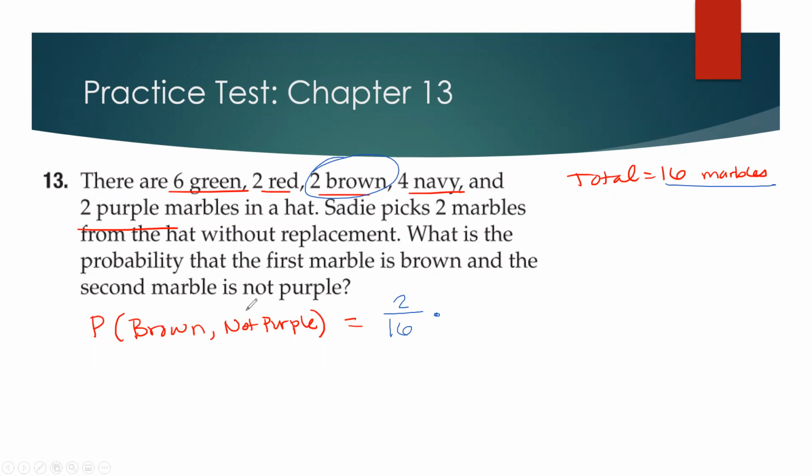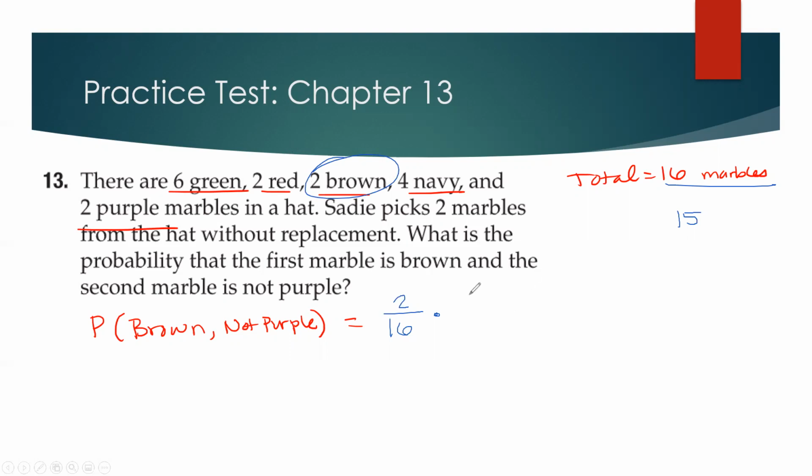Times the probability of getting not a purple marble, okay? So without replacement, right? So there's not putting it back. So now there are only 15 marbles, and how many are not purple? There are only 2 purple ones.